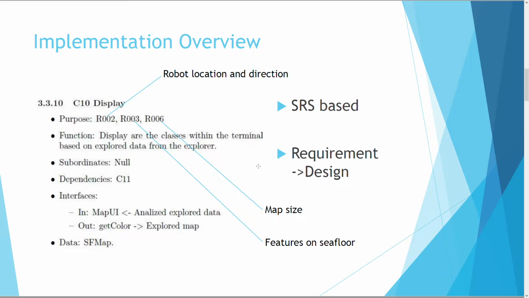It's designed to achieve requirements 2, 3, and 6. All of these requirements relate to the map. In other words, we follow a train of thought in which requirements motivate design.